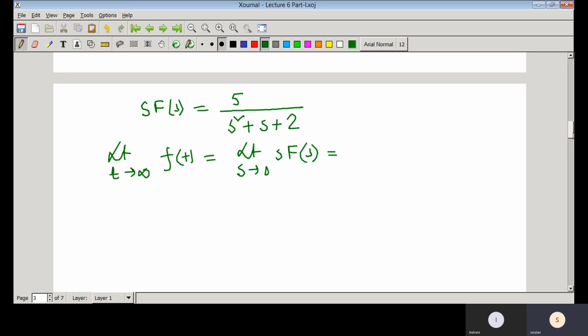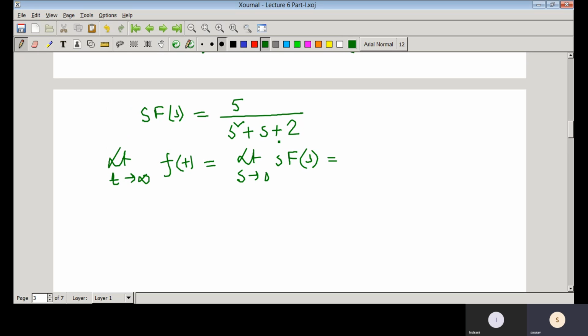What we have seen here is that sF(s) is 5 by s square plus s plus 2. So that is limit s tends to 0 of 5 by s square plus s plus 2. Then if you apply this limit, you will get 5 by 2.